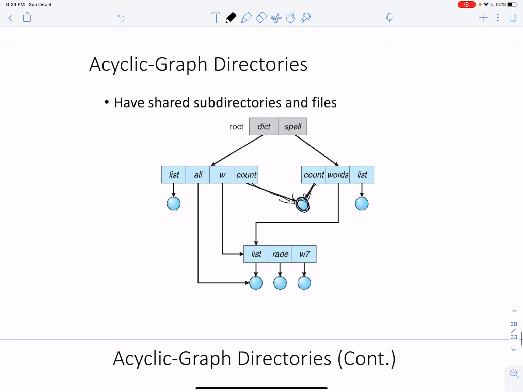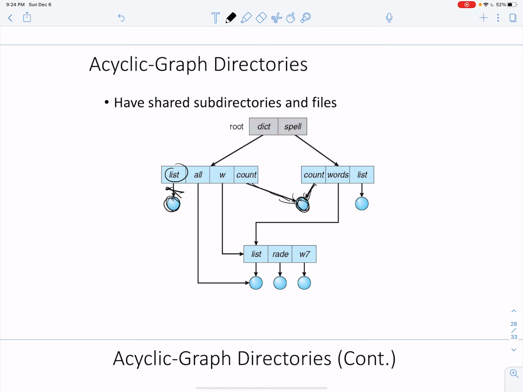The other reason we want to use the tree structure for the directories is, say for example, if you want to remove a file from the list directory, we don't need to physically erase this file from the hard drive.